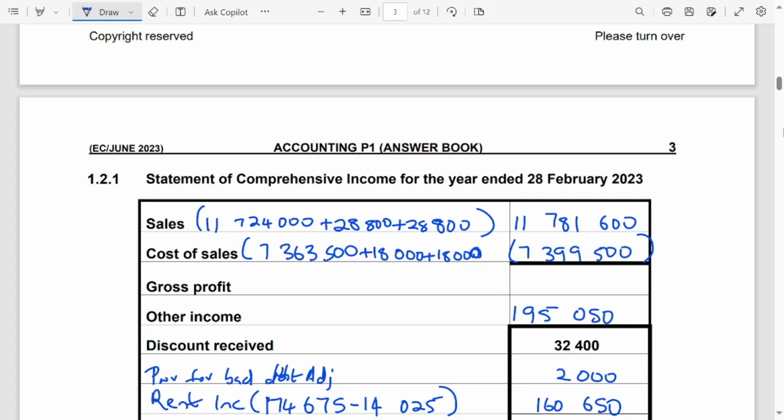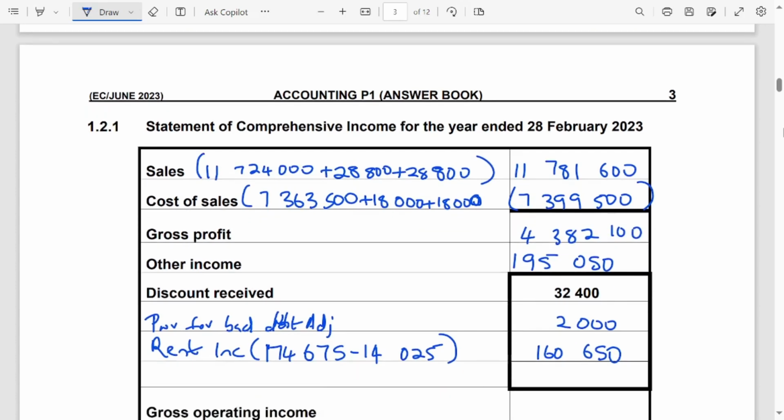Now we can find the gross profit, which is 4,382,100.